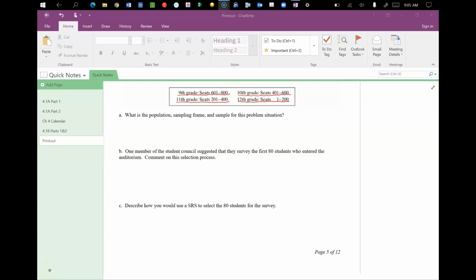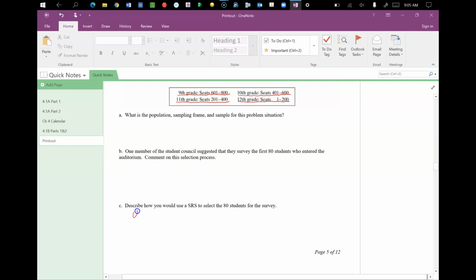So up to this point in this activity, I haven't been doing a whole lot of writing, but one of the things that you're going to have to be able to do for Miss Harding and myself, along with the College Board, is be able to write clear explanations of how you would do things. So in this case, we're going to do that. Describe how you would use a simple random sample to select the 80 students for the survey. So I'm going to do this explaining using the random digit table.